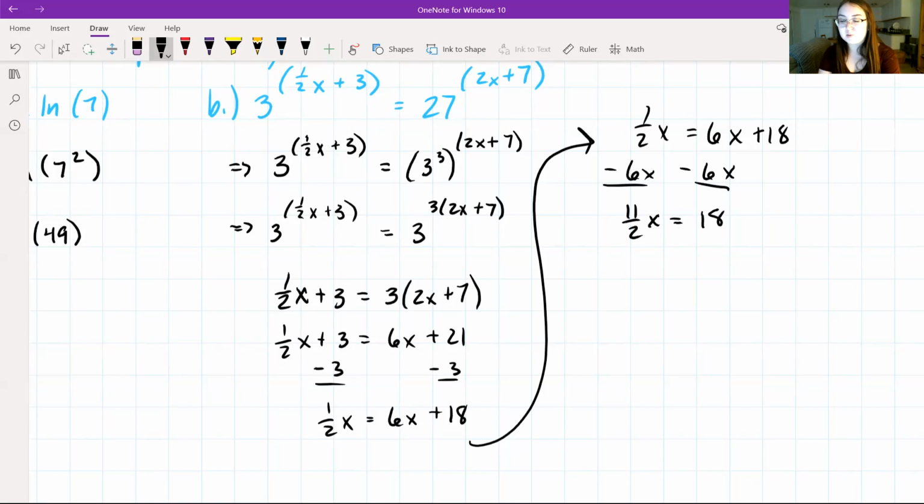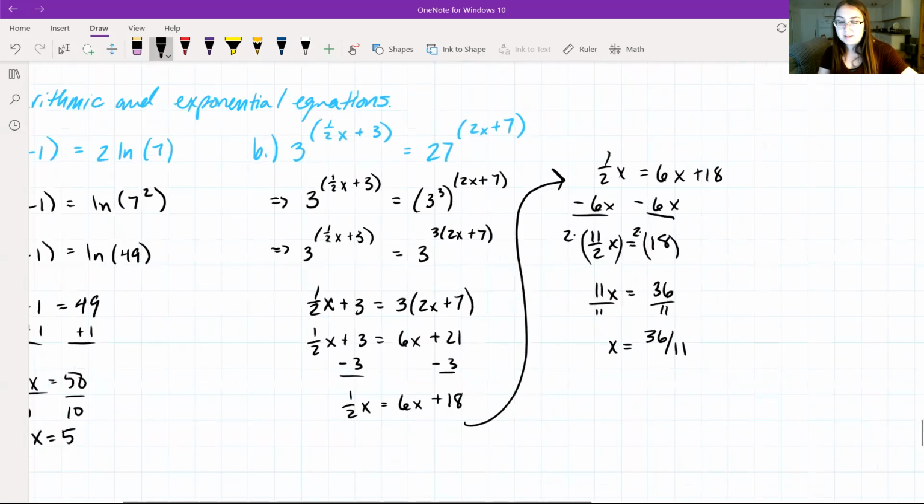And we know that's equal to 18. Then we can multiply each side by 2. We get 11x is equal to 36. Then we want to divide by 11, and we get x is equal to 36 divided by 11.